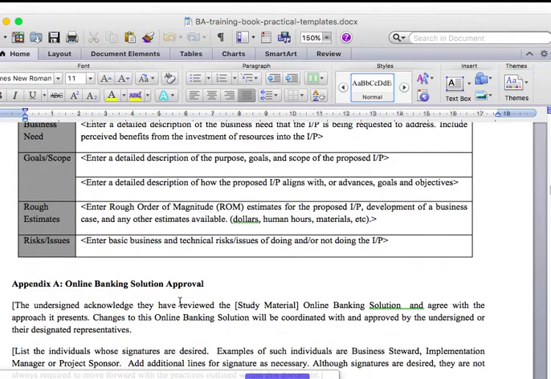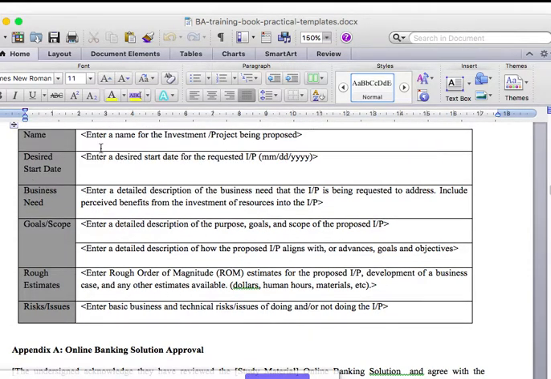Then this is the crucial part. Name: you can name the investment or the project name. What is the project all about? You are seeking an investment. Desired start date: when you intend to start. Business need: now this is a criticality. What is the business need?